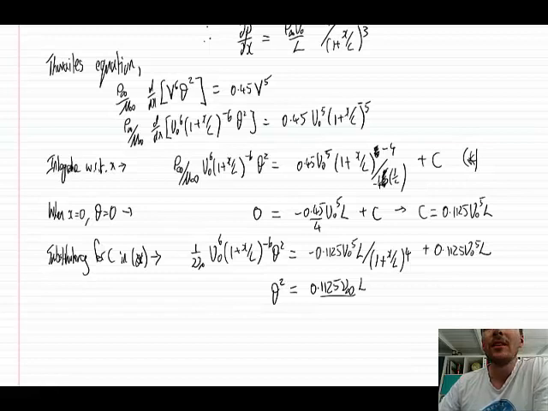So that is going to disappear, cancel with that 6. So we end up with a u naught on the bottom here. And then on this side we have 1 plus x over L to the 6.